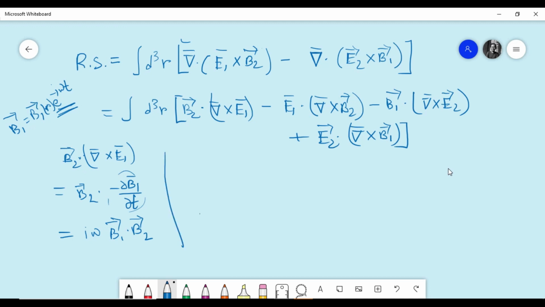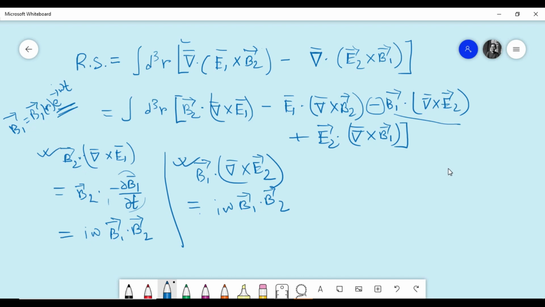And this term will have E1 dot del cross E2, and using similar logic we can show that this would be just I omega beta 1 beta 2. Now as there is a minus sign here, these two terms will cancel each other. So let's work out on the remaining two terms here and here.